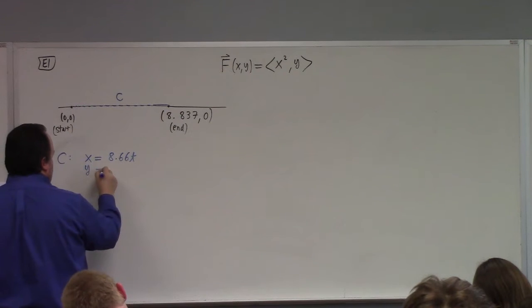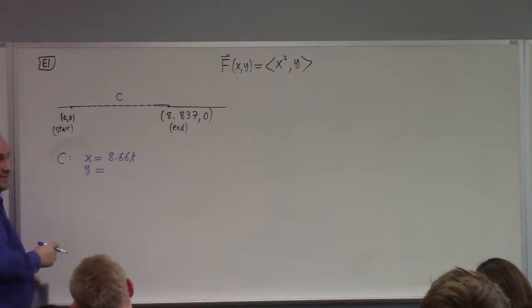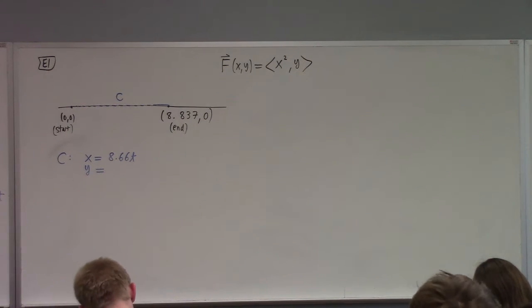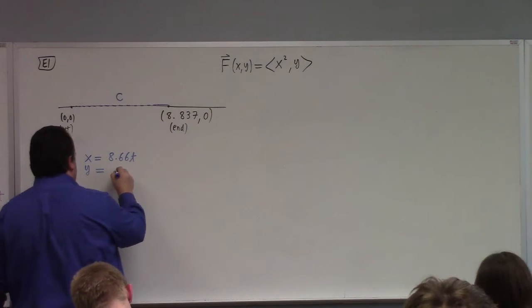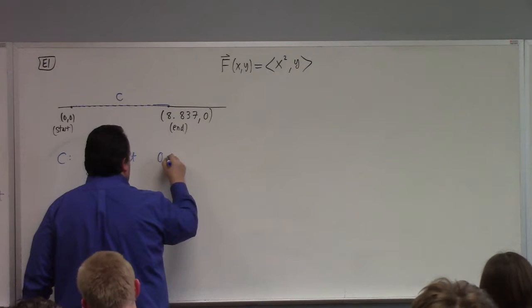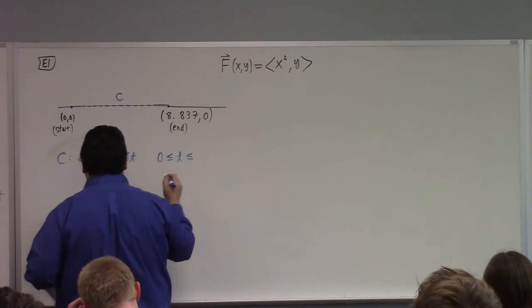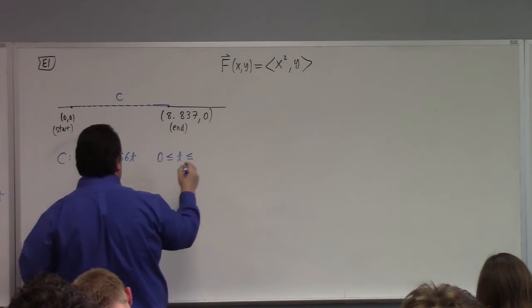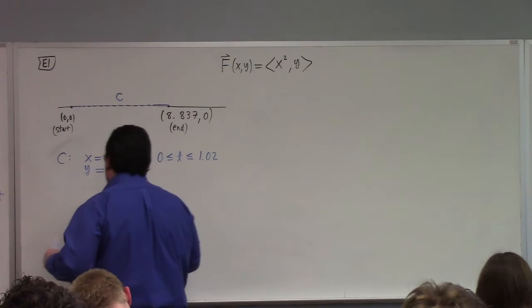And of course, what's y for that path? This is kind of stupid, but y is 0. So y equals 0. And for reasons that are by no means clear at the moment, 0 less than or equal to t less than or equal to 1.02. All right, let's start with that.